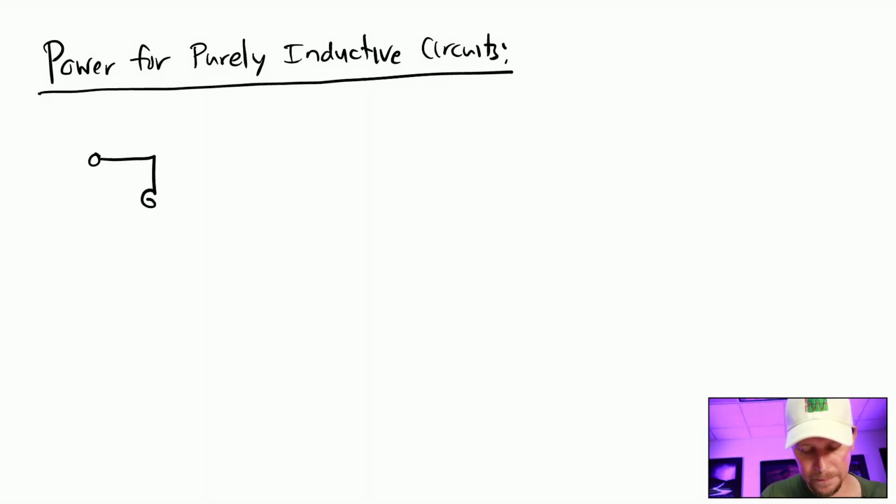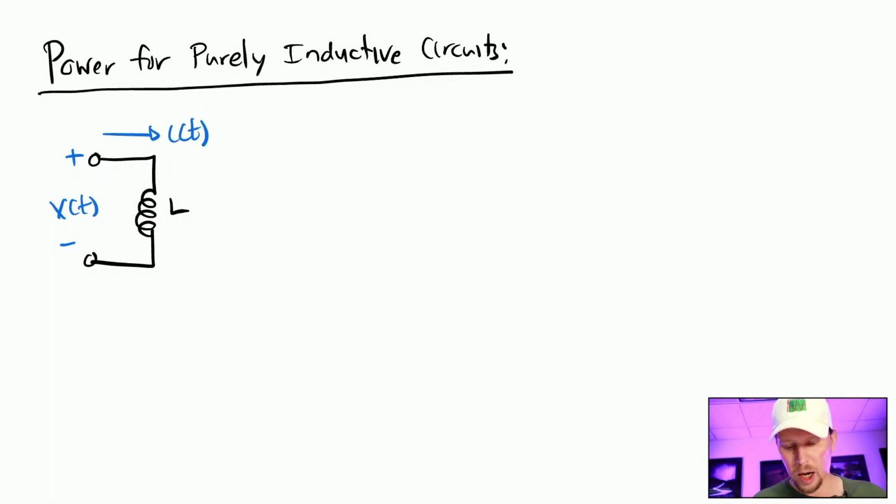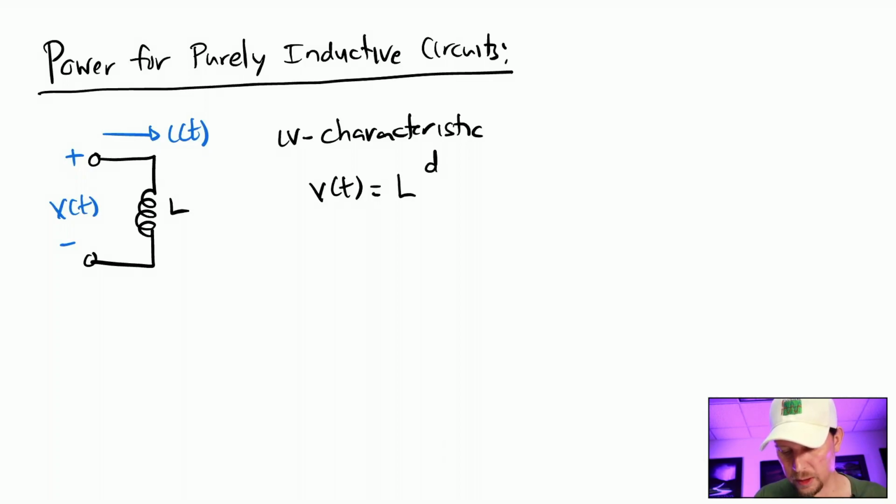So suppose that you had a circuit that was purely inductive, an inductance L, and we place a voltage across this, and there's a current I. We know that the IV characteristics, the analog to Ohm's law for a resistor, in differential form is such that the voltage is equal to the inductance times the time rate of change of the current.